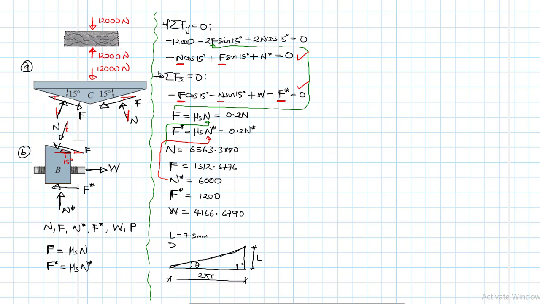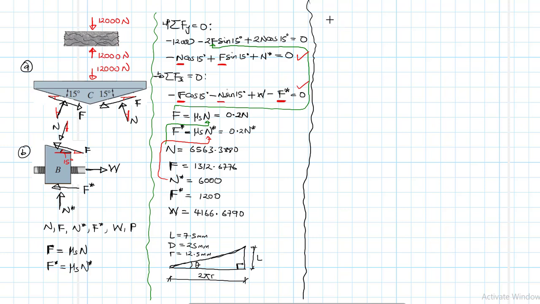We have D given as 25 millimeters, and we have R, which we can calculate, which is just 12.5 millimeters. Okay, so with this information, we can go ahead and do our calculations.